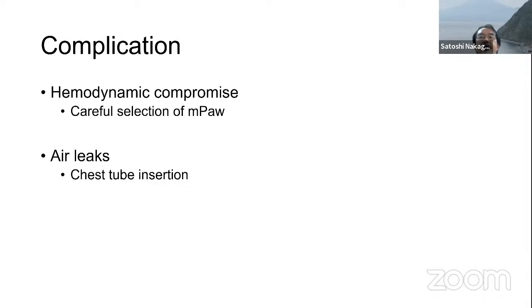However, if you have relatively good experience, you may try a higher level of mean airway pressure while carefully looking for hemodynamic compromise. The other complication is air leaks, and if we find air leaks, we do aggressive chest tube insertion.